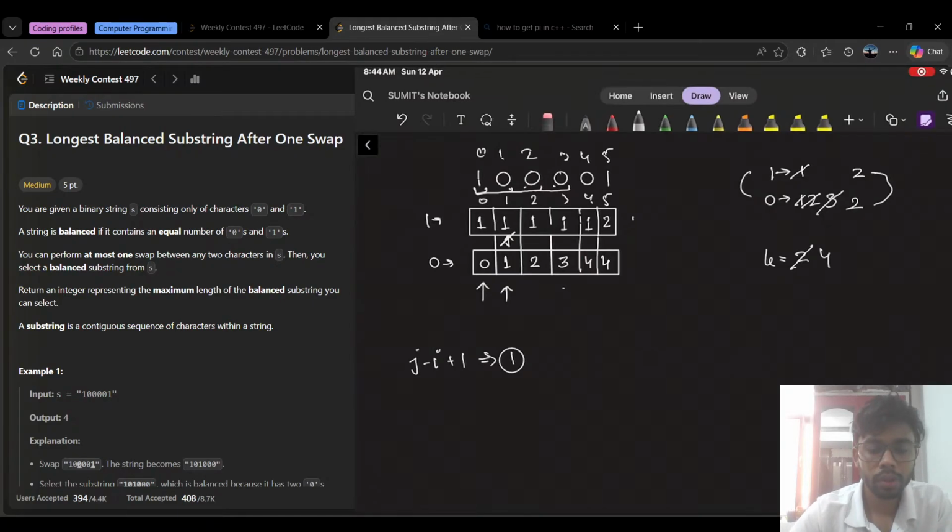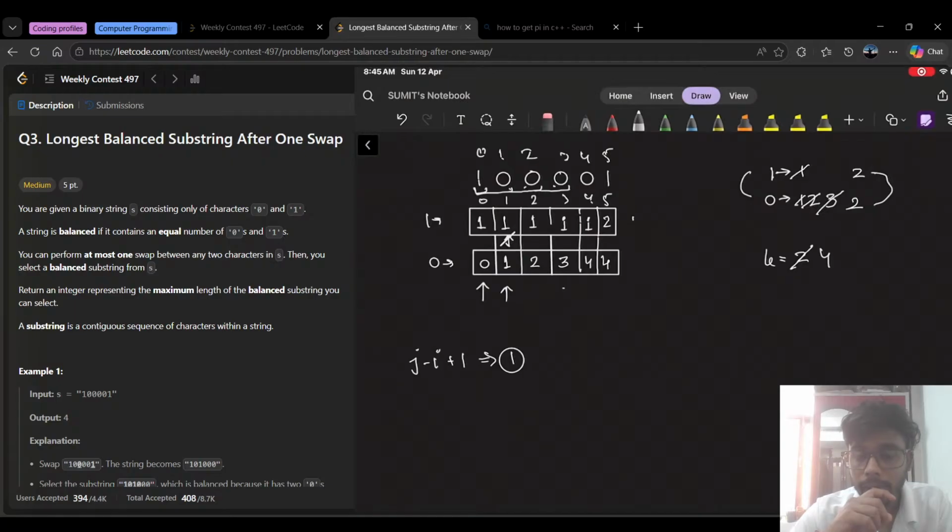Vector of int ones, s dot size. Vector of int zeros, s dot size. Int i equals to 0, i less than s dot size, i plus plus.